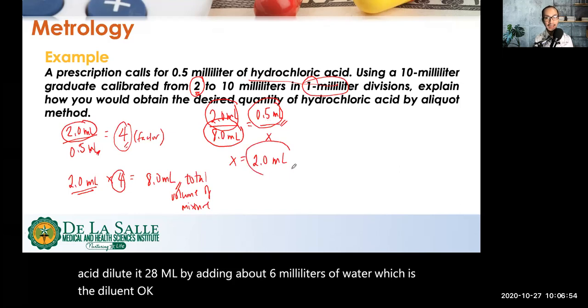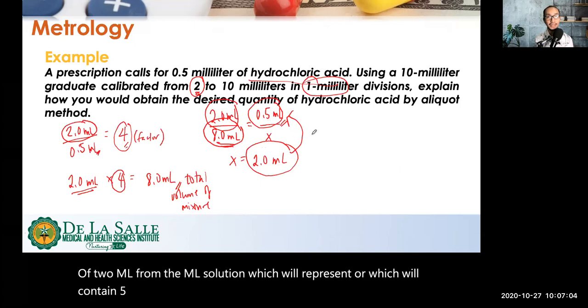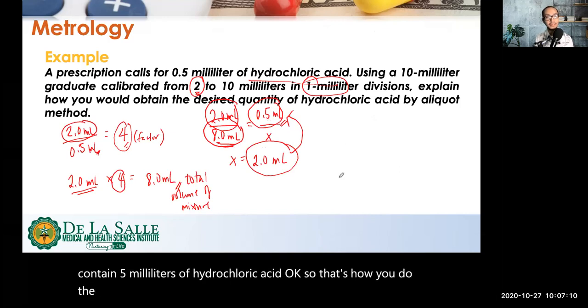And then get an aliquot of 2 milliliters from the 8 milliliter solution, which will contain 0.5 milliliters of hydrochloric acid. Okay, so that's how you do the least weighable quantity method or the Aliquot method using liquid measurements.